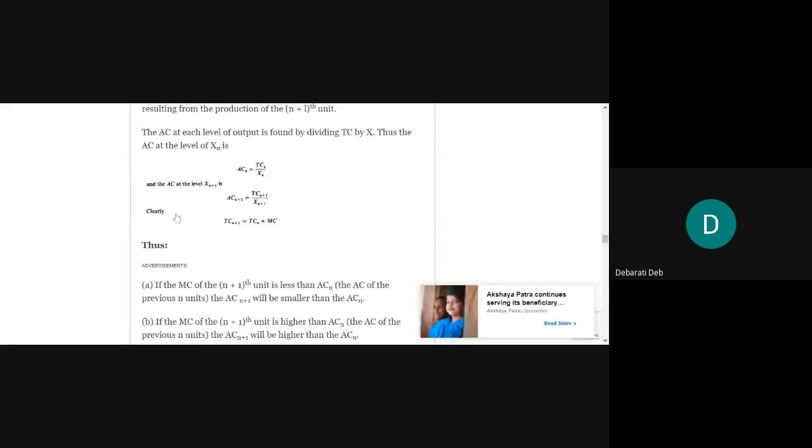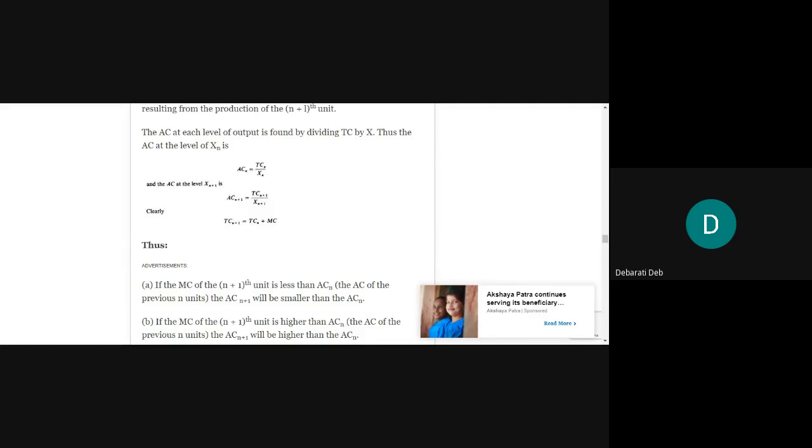And the average cost at the level Xn plus 1 will be how much? Just like this relationship, we will also write this second relationship, mentioning n plus 1 instead of n. Now we know MC equals TCn plus 1 minus TCn. Listen to me very carefully.